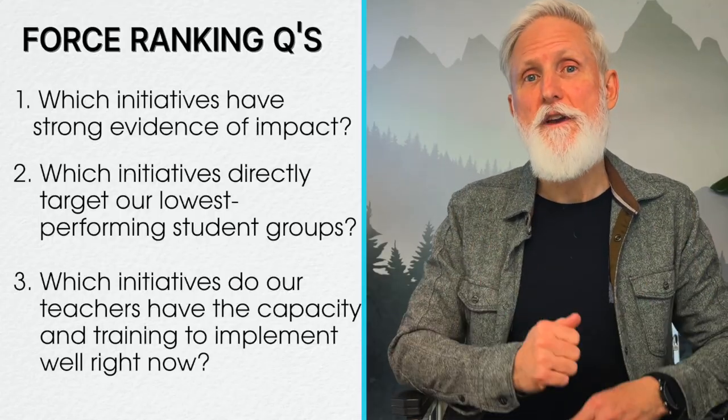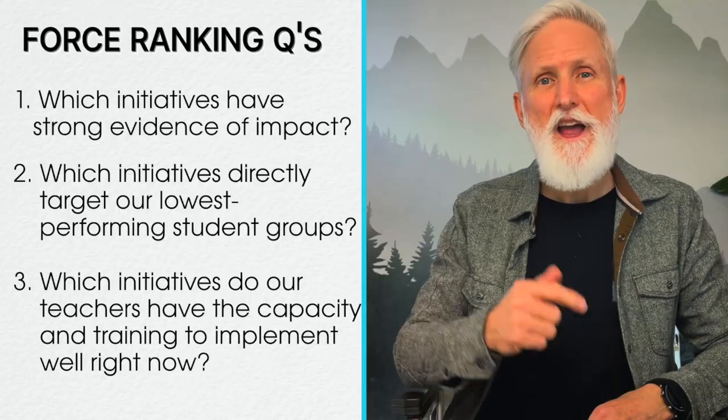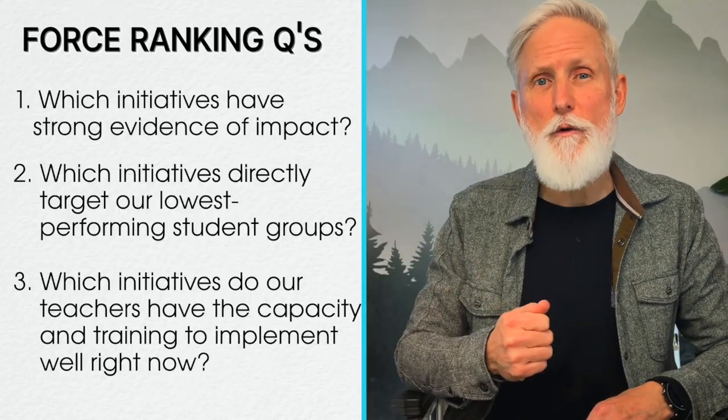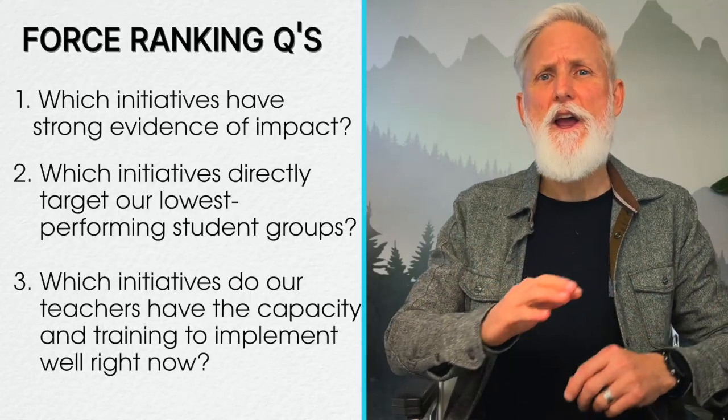PBIS works because teachers already know the systems. AI-powered personalized learning requires ongoing training and troubleshooting support. So the initiatives that score highest on all 3 questions, well, those are your protected zone. Everything else gets deprioritized.